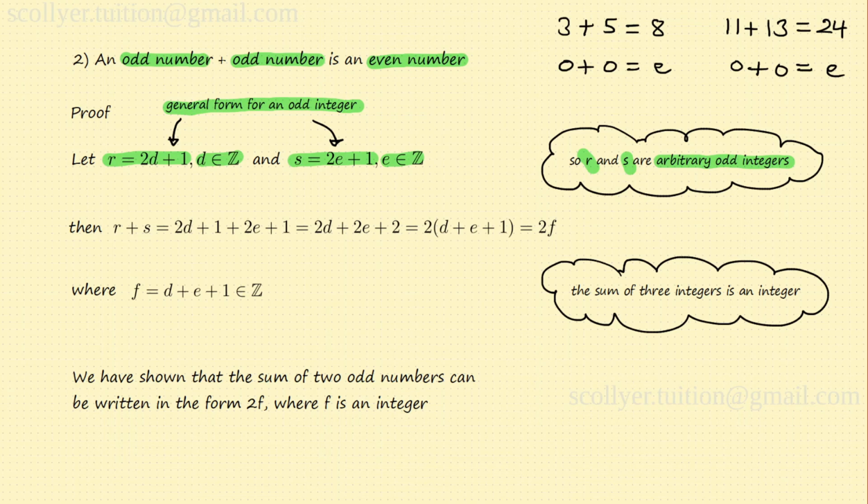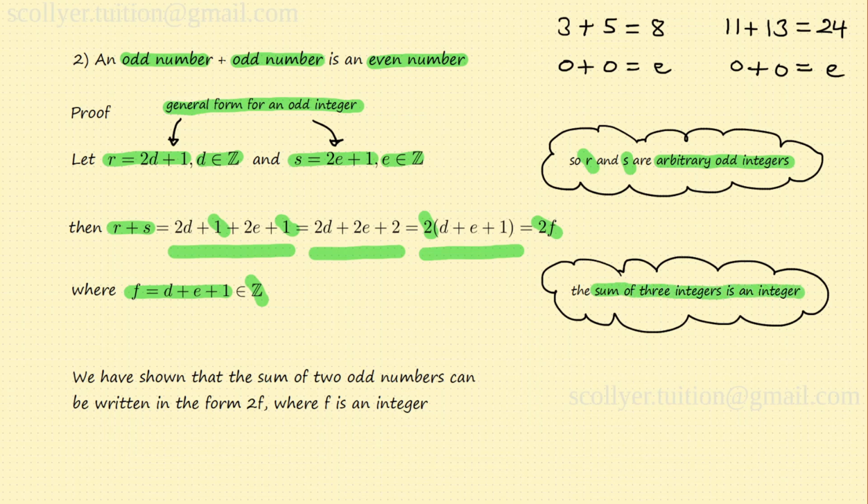And then we have, adding r and s, r plus s equals 2d plus 1 plus 2e plus 1, which becomes 2d plus 2e plus 2, adding the 1 and the 1, and then we can factor out 2 to leave 2 times (d plus e plus 1), which we can write in the form 2 times f, where f equals d plus e plus 1, which itself must be an integer, because the sum of 3 integers is an integer.